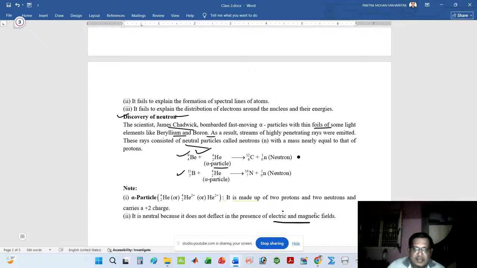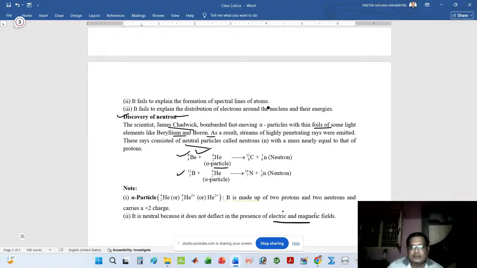From the experiment, he concluded that another subatomic particle is also present in the atom. Previously it was believed that when an atom undergoes breakdown, it gives two subatomic particles: one is the electron, another is the proton.